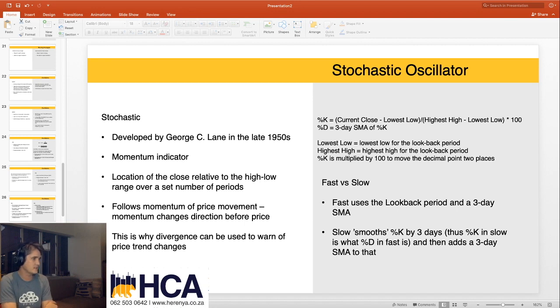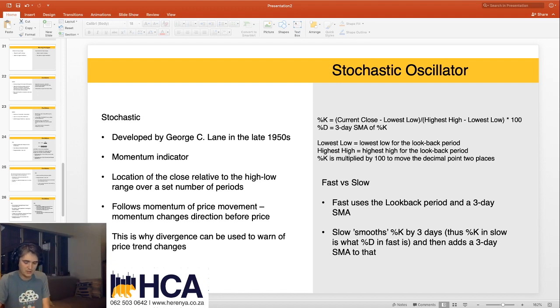So the stochastic oscillator looks for a couple of different things here. Once again, we have a momentum indicator. It plots the location of today's closing price relative to the high and low range over a historic period of time. So it follows the momentum of price movement.